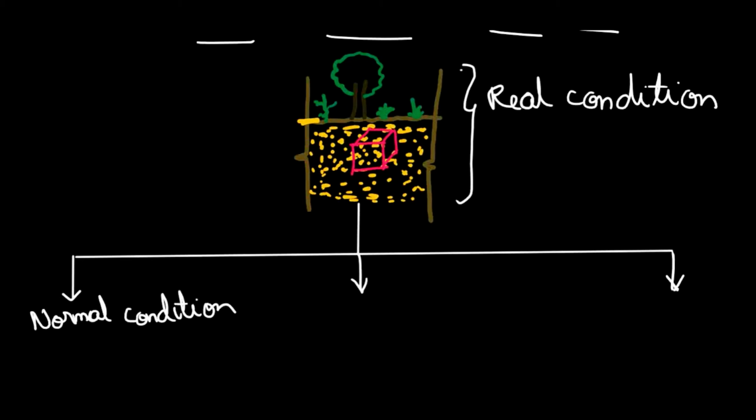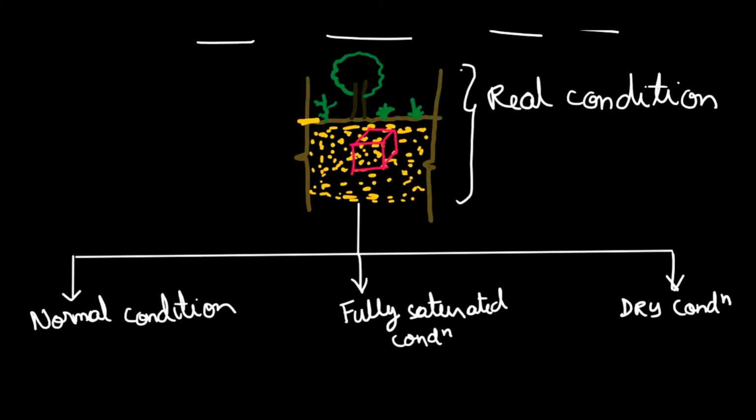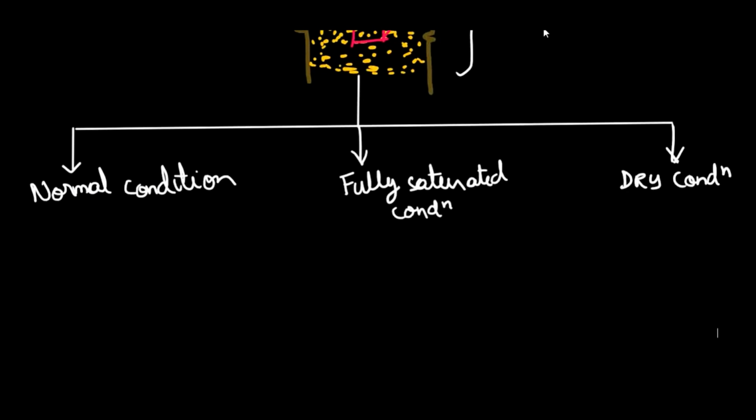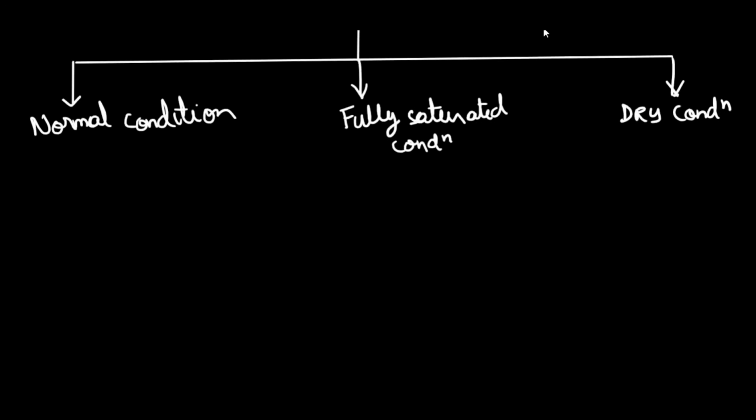The second one is we can have fully saturated condition. And the third one, we can have dry condition. These are the three possible conditions of our soil. Let's see about the first condition.